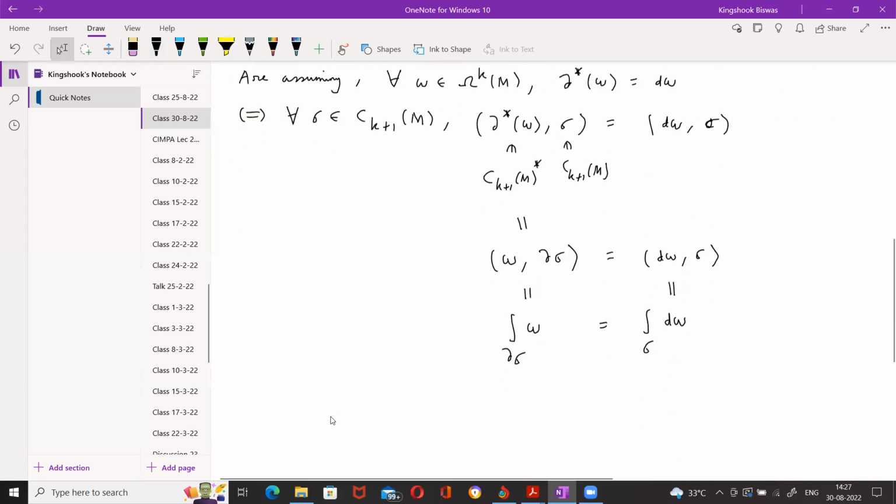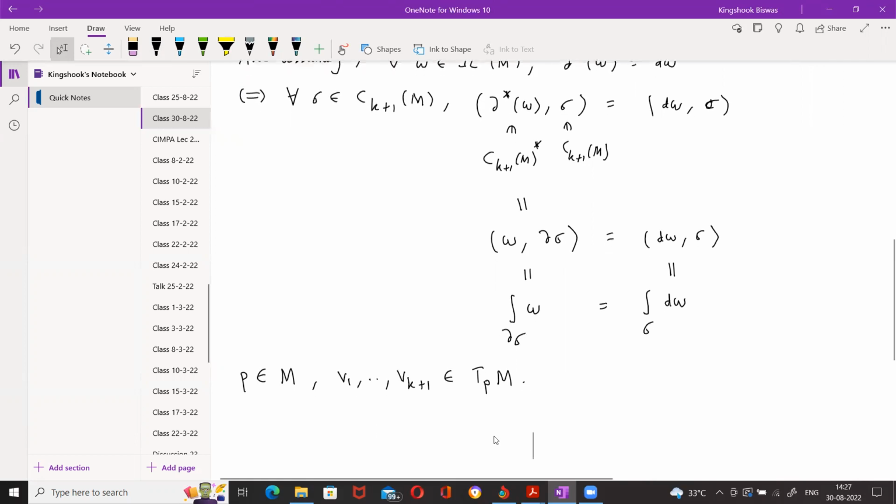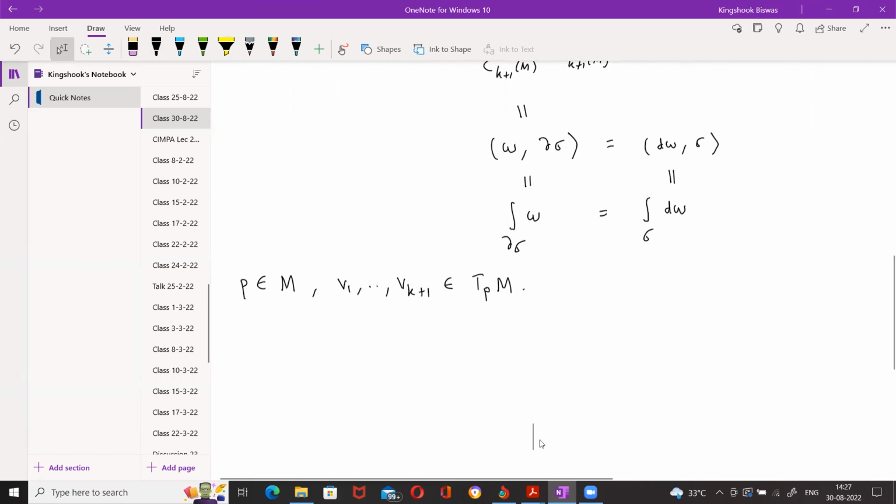If this is to hold, then given a point P in N and K plus 1 vectors, V1 to Vk plus 1 in the tangent space at P, how do we find d omega of V1 to Vk plus 1?